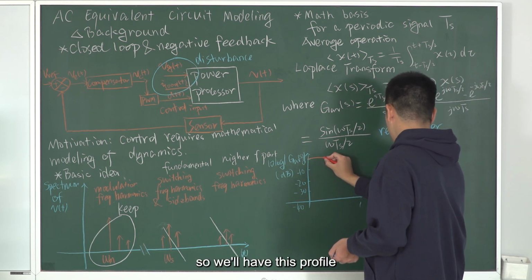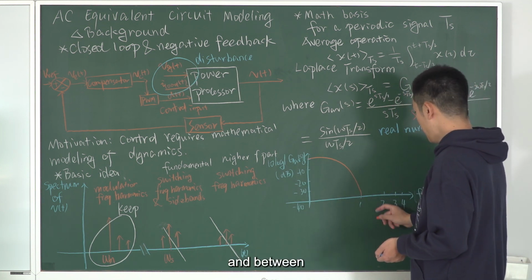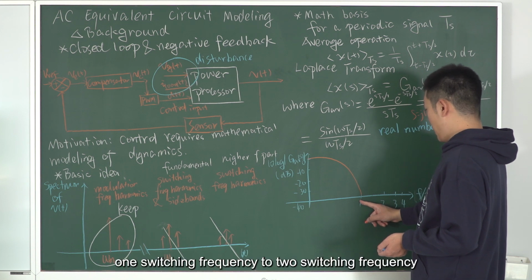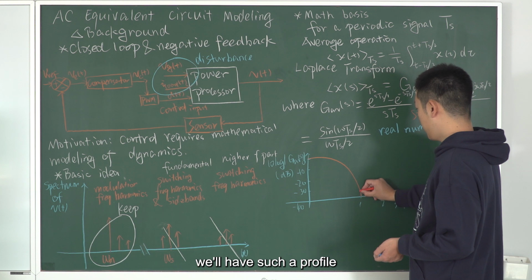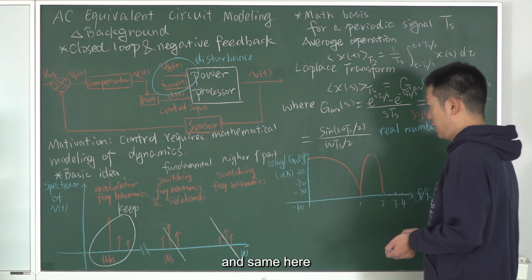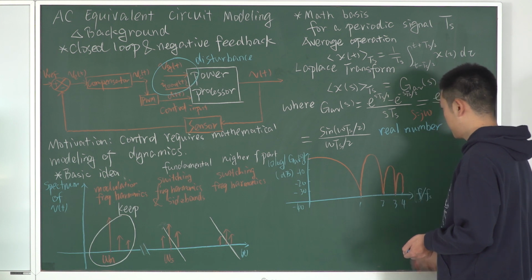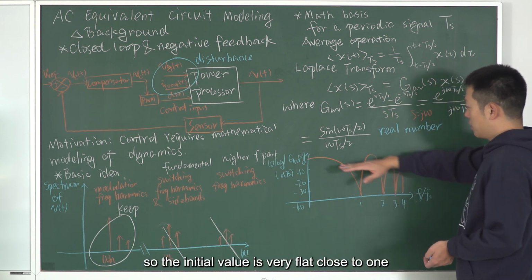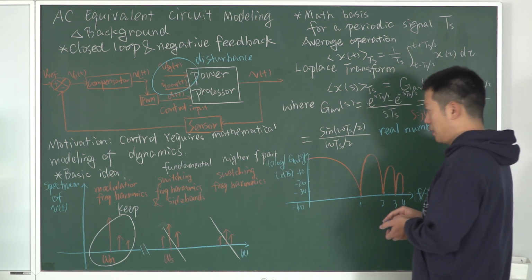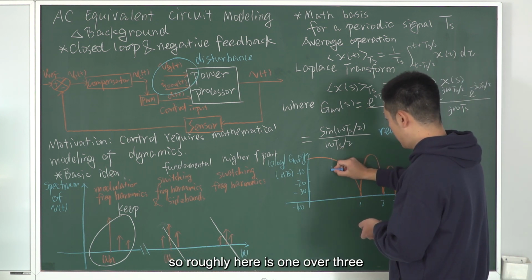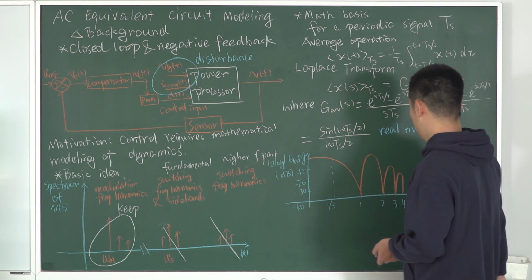So we'll have this profile, and between 1 switching frequency and 2 switching frequency, we'll have such a profile. The initial value is very flat, close to 1. Roughly here is 1/3 switching frequency.